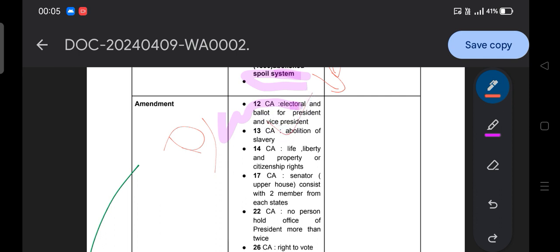In the 13th amendment act, the abolition of the slavery system. They can ask which amendment act deals with the abolition of slavery. So it is the 13th constitutional amendment act, you have to remember it anyhow.